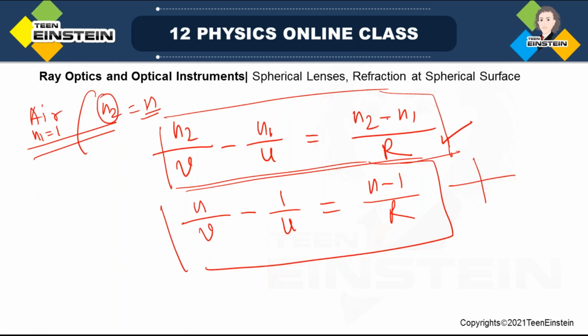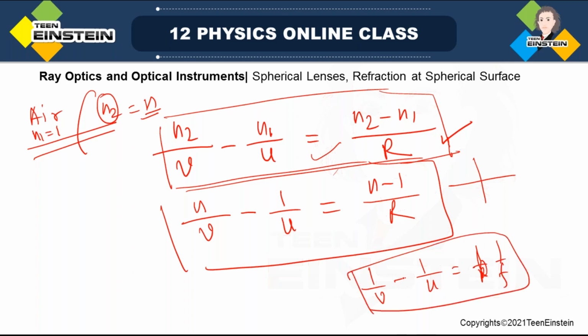So maybe, I'll just think over it and then tell you in the next class whether from this particular formula itself we can get the known formula 1 over V minus 1 over U is equal to 1 over F. Whether we can get this, I'll discuss this in the next class.